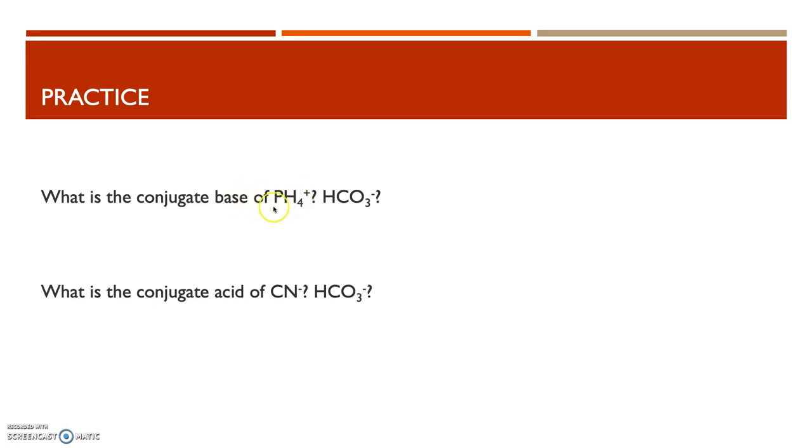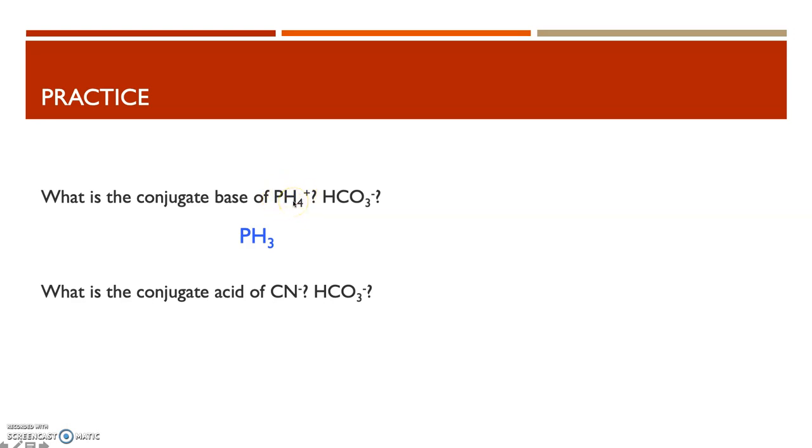So if this PH4+ is an acid, it's going to give up a hydrogen, so the conjugate base is just PH3. It's not just giving up a hydrogen, it's giving up a proton, which is an H+. So you get rid of an H and you get rid of a plus. So you end up with PH3. So that's how we identify the conjugate base of this acid.